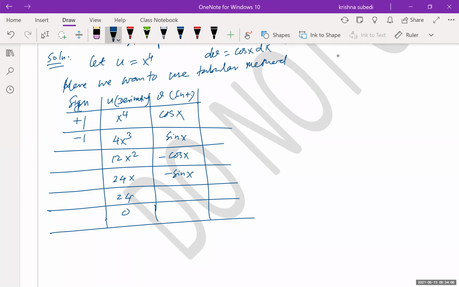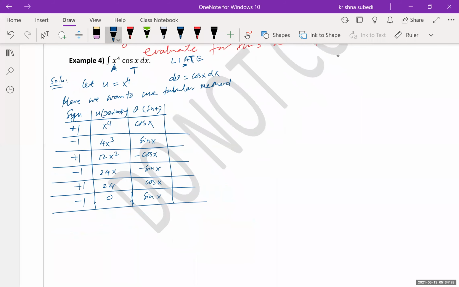So I can simply write positive cosine x. And the last one will be sine x. On this side, always start with positive 1, negative 1, positive 1, negative 1, positive 1. And so it is done almost.